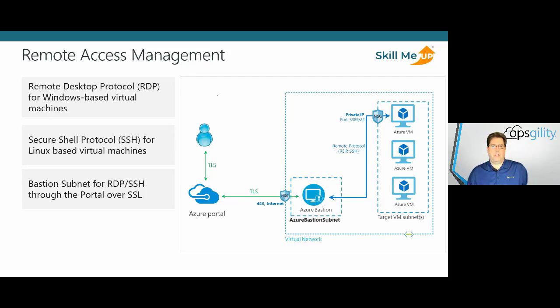You're essentially utilizing the Azure portal to open up that RDP or SSH connection directly from the portal. So you really have to authenticate to the portal to get to that virtual machine, and then authenticate to that virtual machine. So you're within the Azure environment the entire time.